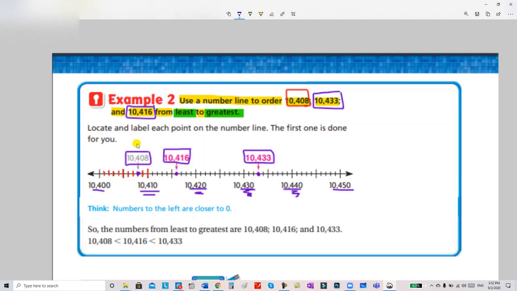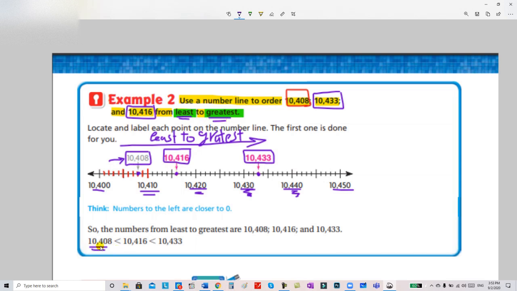So in the number line, when we move from left to right, we are moving from least to greatest. The least number is the first number here. We're going to start with the least because we were asked to order from least to greatest.